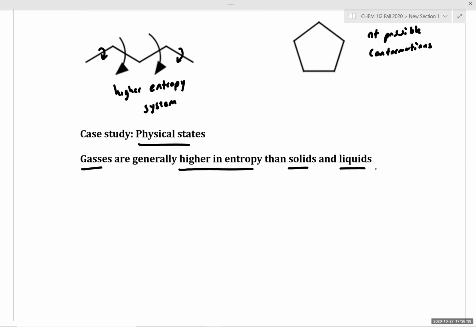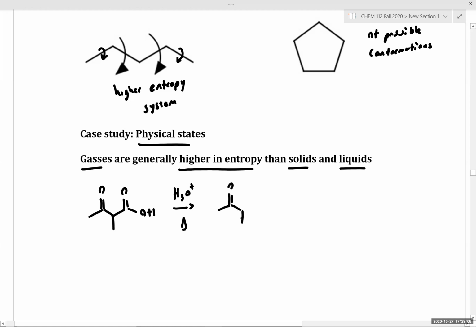So when you have chemical reactions that readily generate a byproduct gas, for example a decarboxylation reaction, the generation of gas is highly favored via entropy.